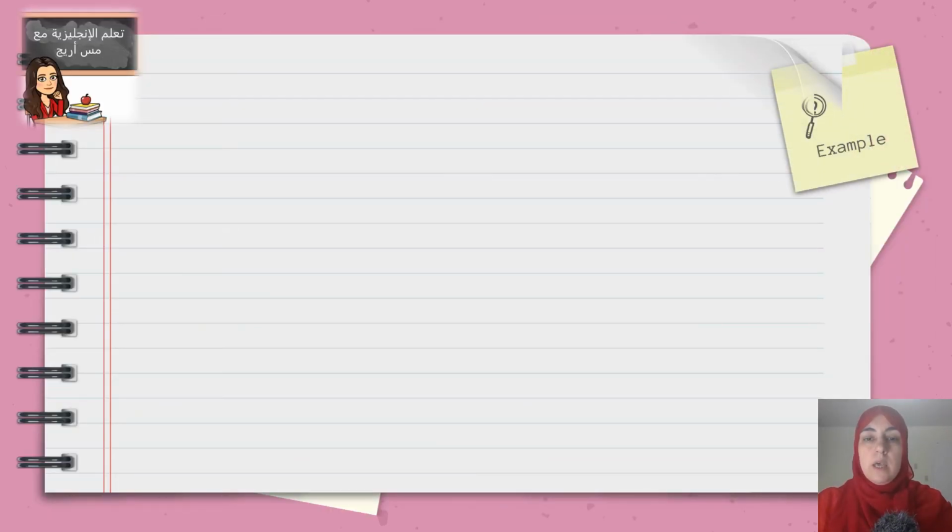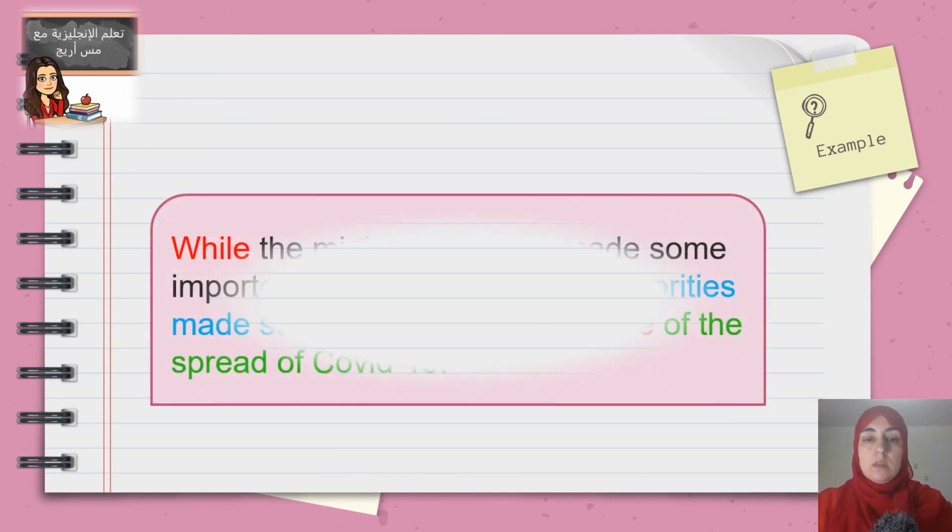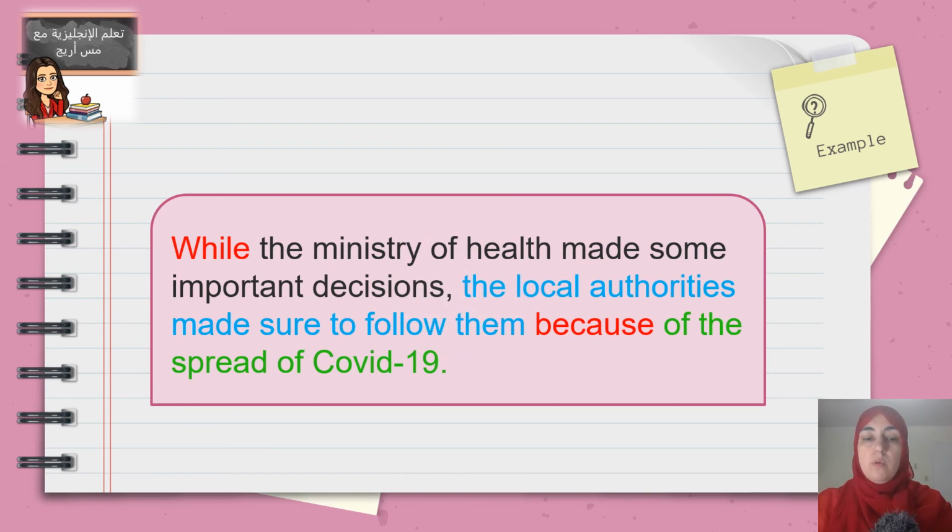Now let's take another example of a sentence. I want you to guess what type the sentence is. Now it's similar to the one that we did before, but it has some modification here. While the Ministry of Health made some important decisions, the local authorities made sure to follow them because of the spread of COVID-19.